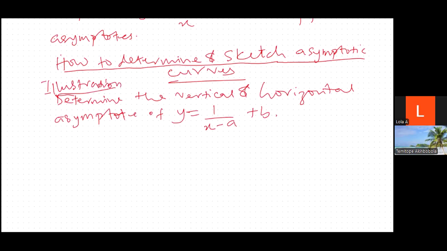Please write this quickly so that we can solve it together. When you have copied it, let me know, please.